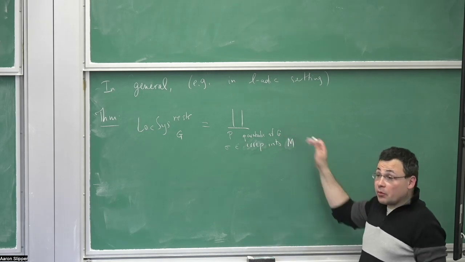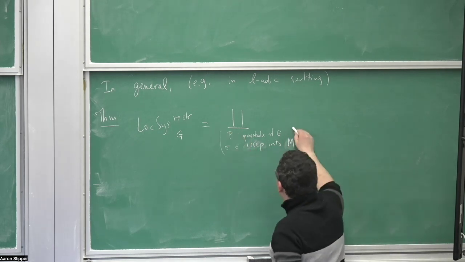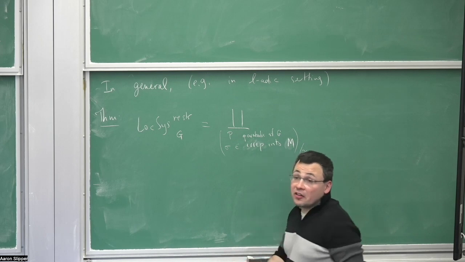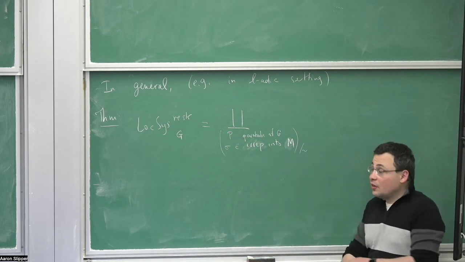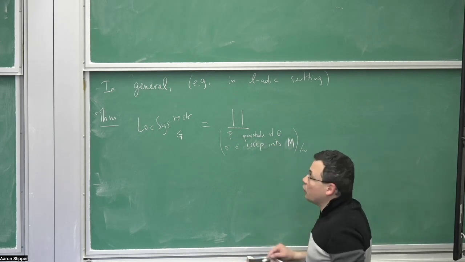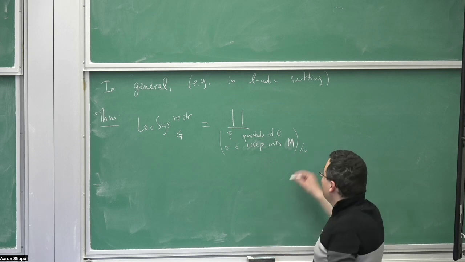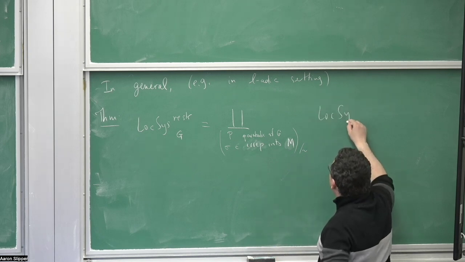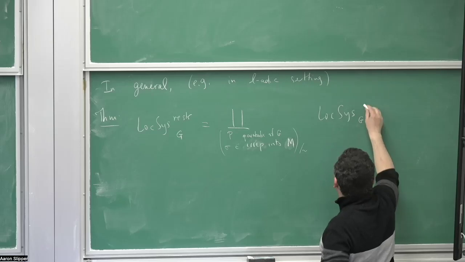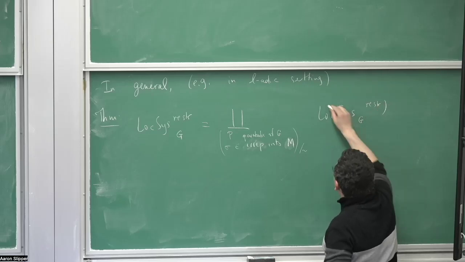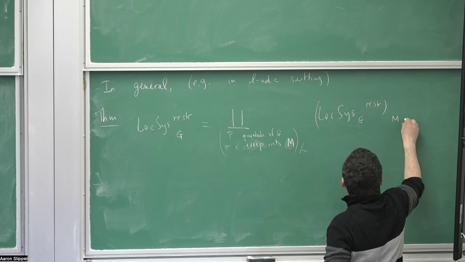So this is like by semi-simplification. And there's some equivalence relation on these that I don't want to describe. So for each one of these, there's a component, sigma.